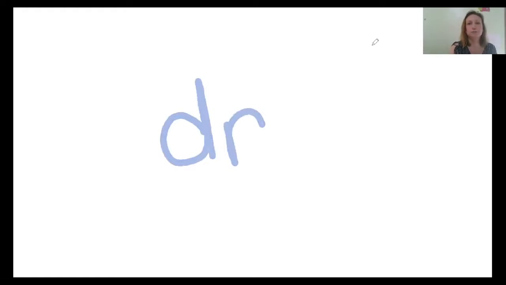Next, one way to write the blend in drum. And what is it? D-R. Drum. Next one, two ways to write ch. Remember, you were repeating that after me and then writing the two ways.